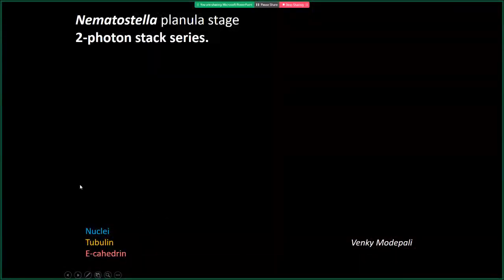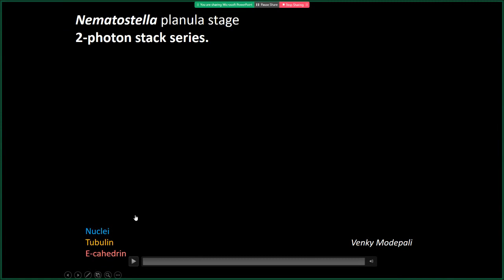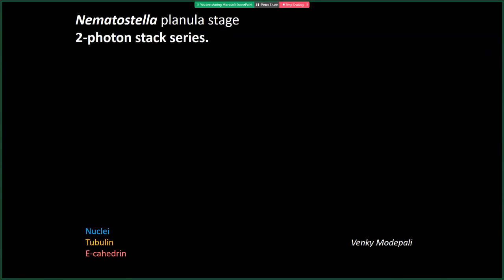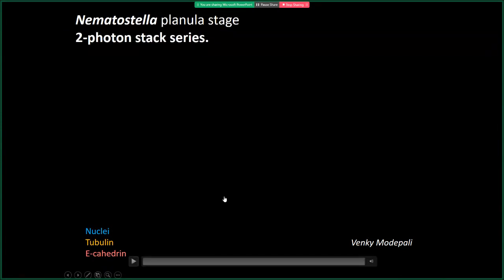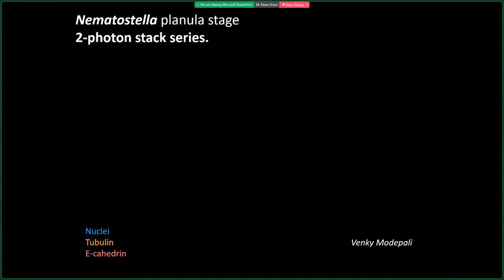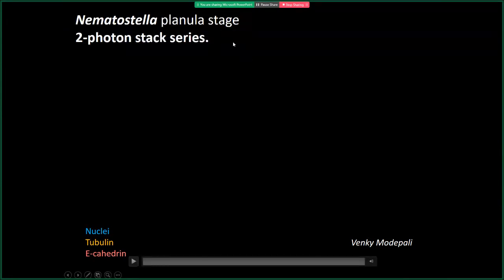I'm going to show you an example of the use of two-photon microscopy in the lab. This was taken by Venki Modepalli here in the MBA. It's a sequence of optical sections from Nematostella, an anemone, at the planula stage.